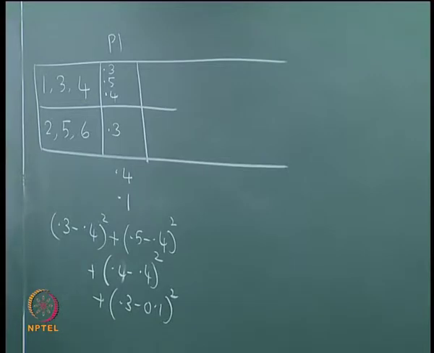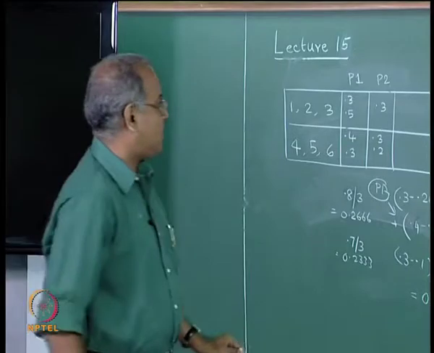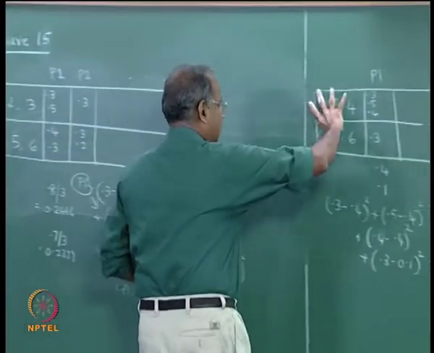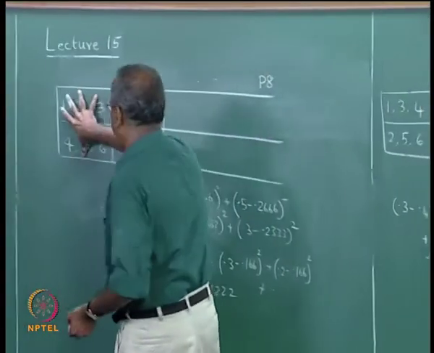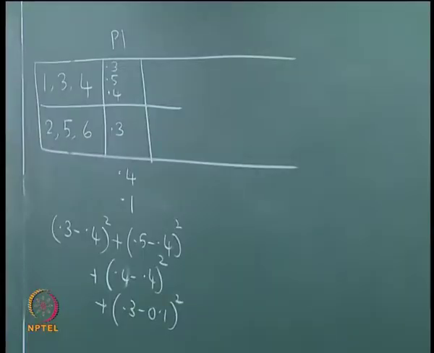Now, you realize that with respect to P1, 134256 is a better configuration than 123456. The variation actually comes down, whereas the variation here will be large.